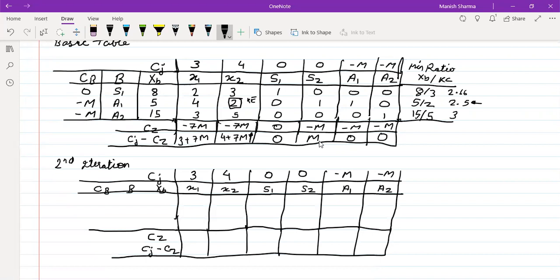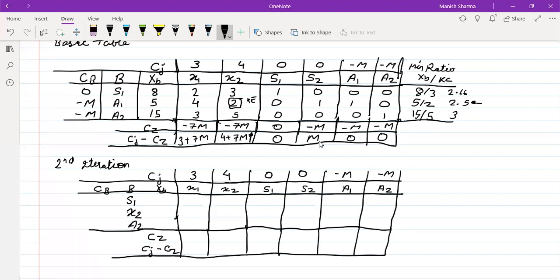Now, since you have got the key element, we will first write the basic variables. S1 remains as it is. A1 is replaced by X2, that is, the key row is replaced by the key column. And A2 remains A2, there is no change in A2.